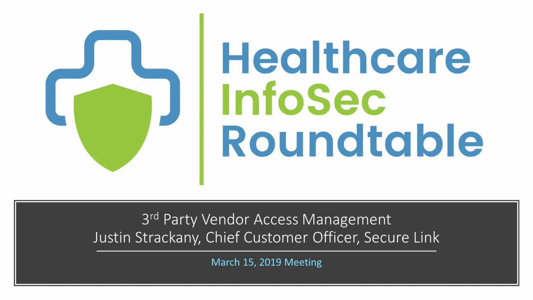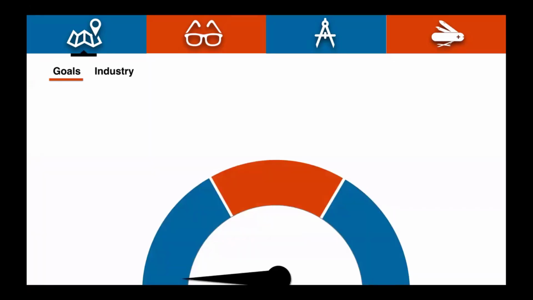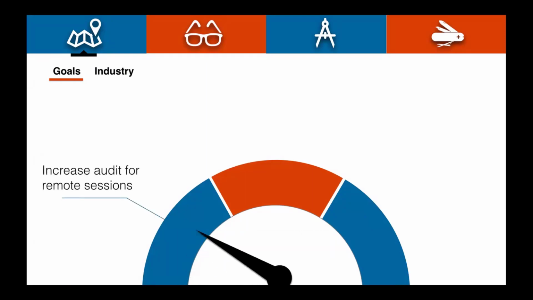I'm going to try to share my screen here. I'll go quickly through this PowerPoint presentation and hopefully leave a fair amount of time for questions as well. Specifically, what we hear from our customers as far as common goals around vendor privileged access to networks. Many of them want to increase audit for remote sessions.